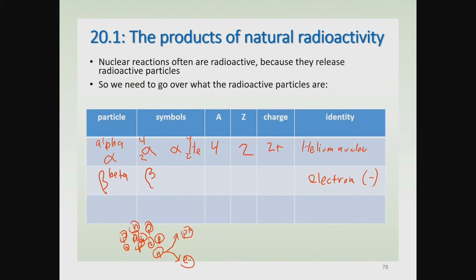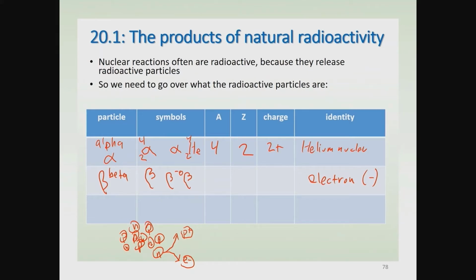So what are the symbols for the beta radiation? So one is beta. You can also write beta minus. Now, another way to write this, which is kind of strange, is you can associate a mass number and an atomic number with this beta particle. So the mass number, we can think of it as 0. The atomic number for this particle is not what you would expect.